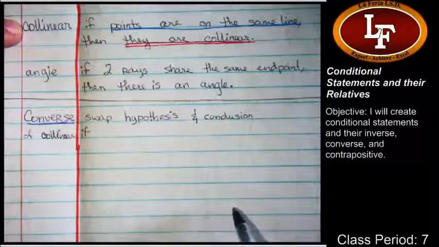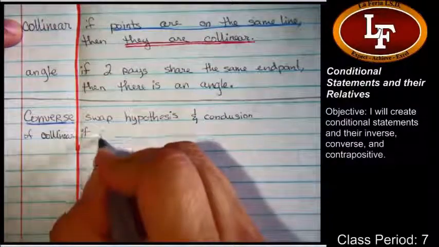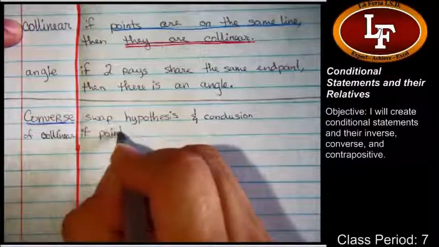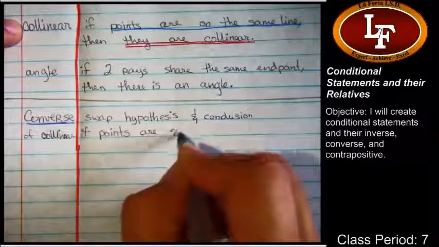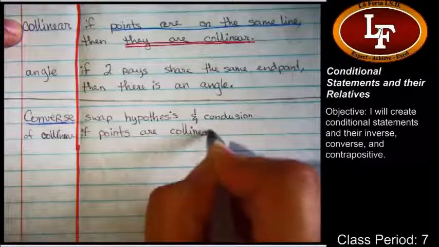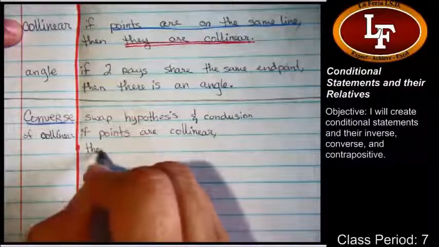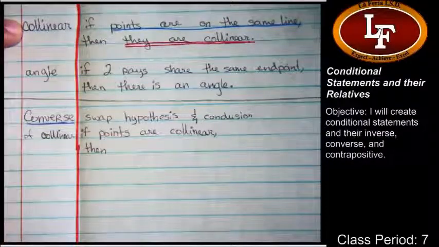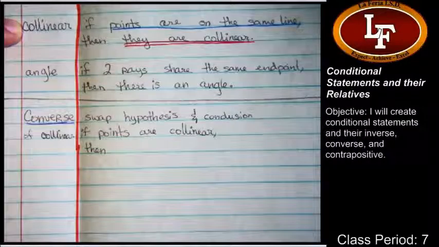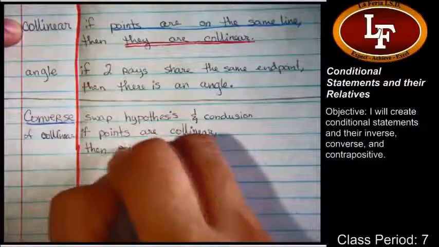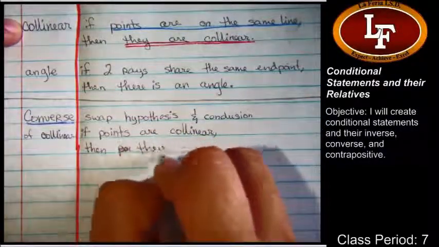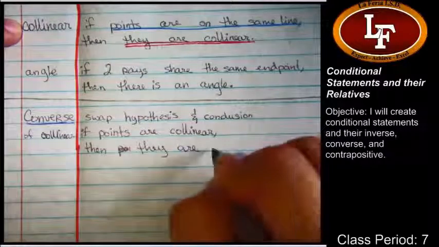The points. So our new hypothesis is our old conclusion: if points are collinear, then what was our original hypothesis? Points are on the same line was our original hypothesis, so our new conclusion is points are on the same line. Let's put then they are on the same line, so we don't repeat that word points too much.